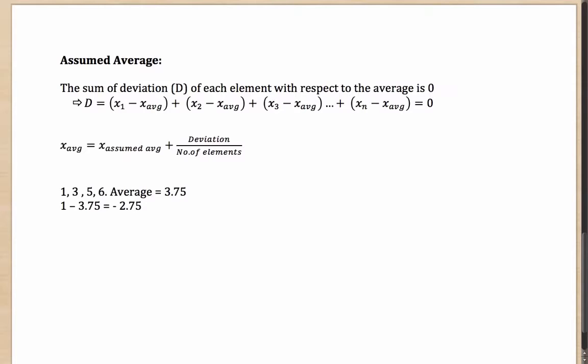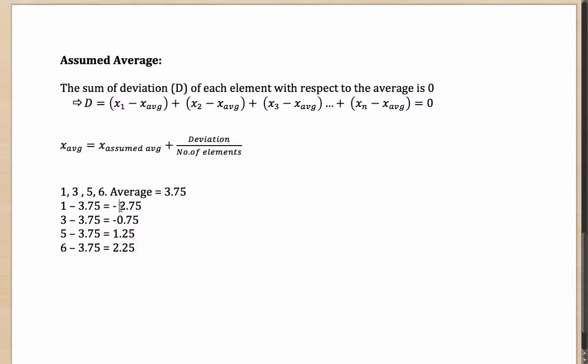The deviation of the second value was 3 minus 3.75, which is minus 0.75. For the third value, it was 5 minus 3.75, which was 1.25. And for 6, the final value, the deviation was 6 minus 3.75, which was 2.25.